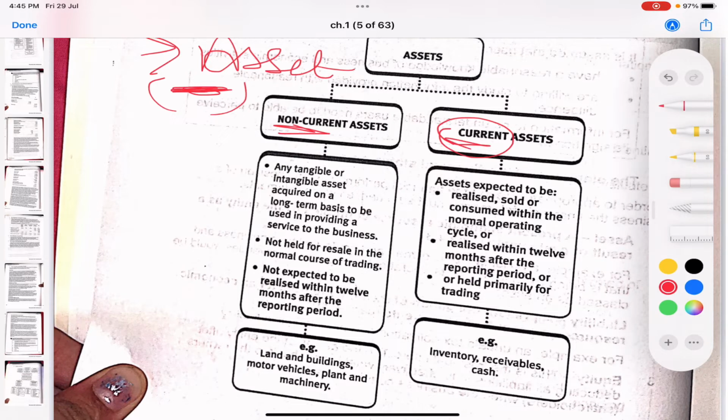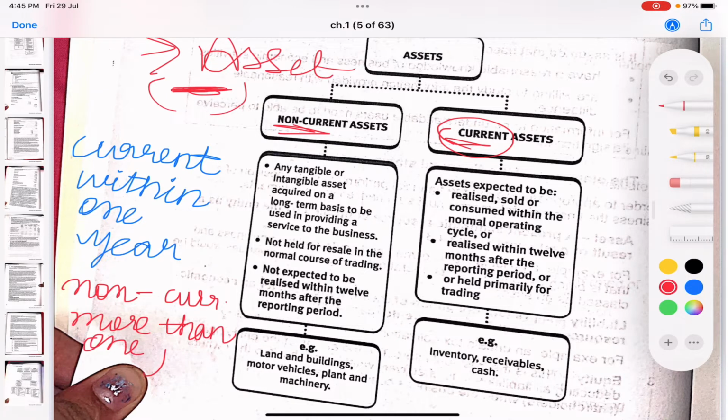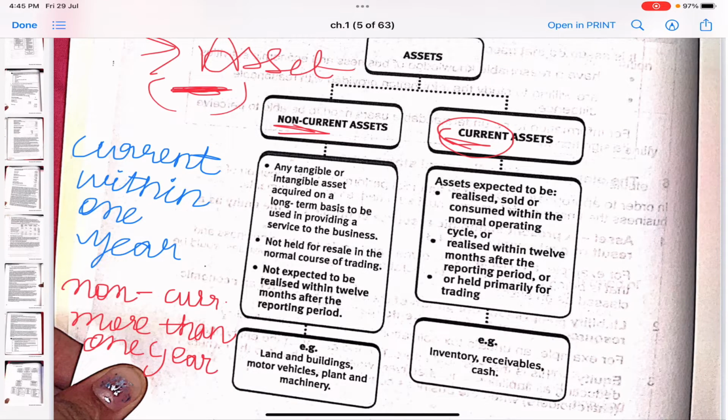So current means within 1 year, and non-current means more than 1 year. You can also assume that current means short term and non-current means long term.